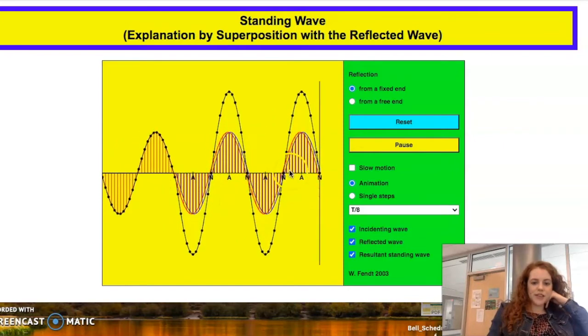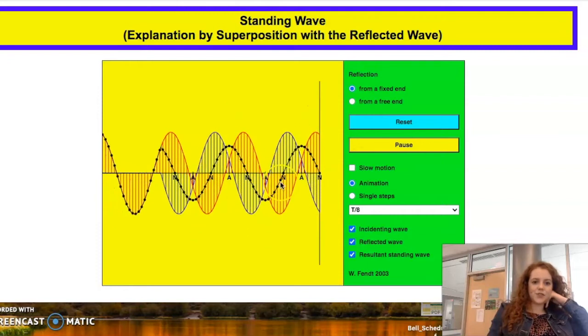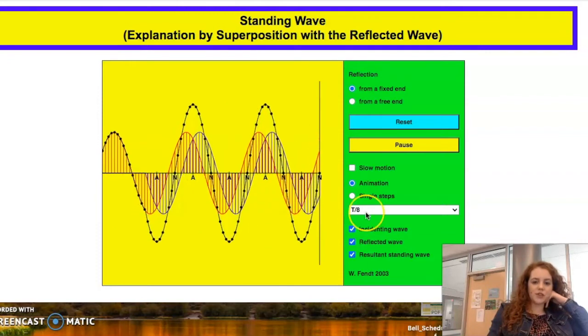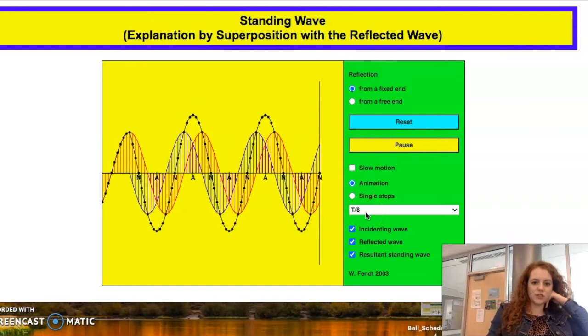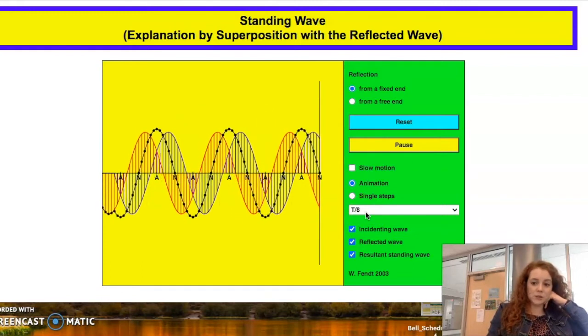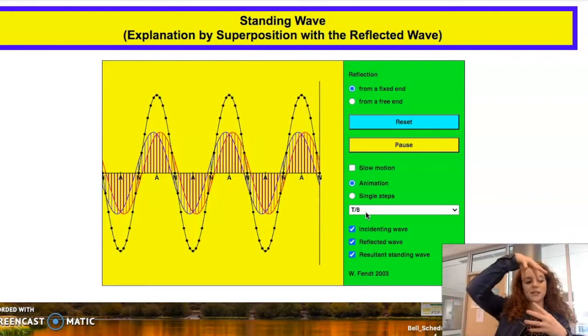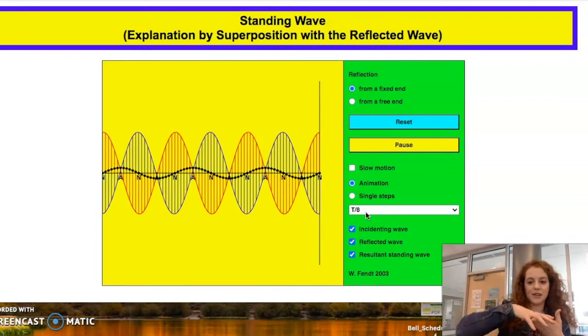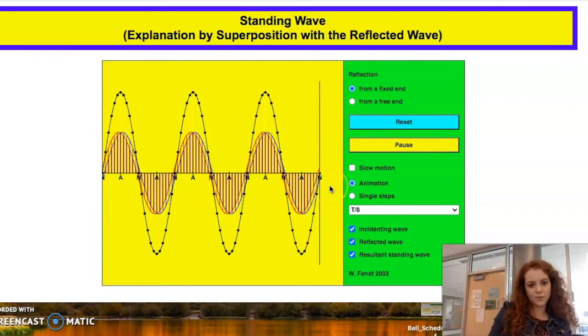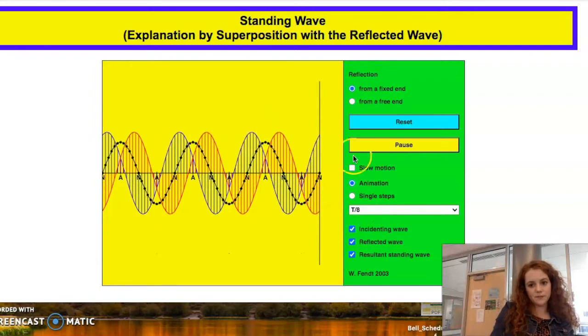And notice the ends, those are called the nodes, and those are complete destructive interference. So those particles are never displaced because they always have this perfect positive negative that's canceling out with the red and the blue wave.